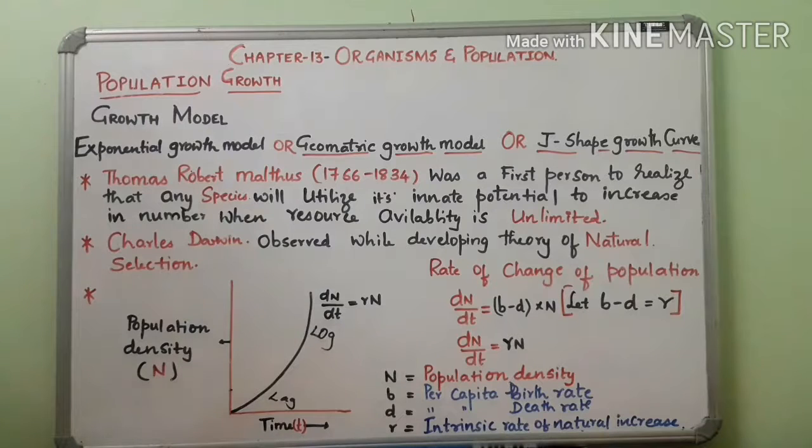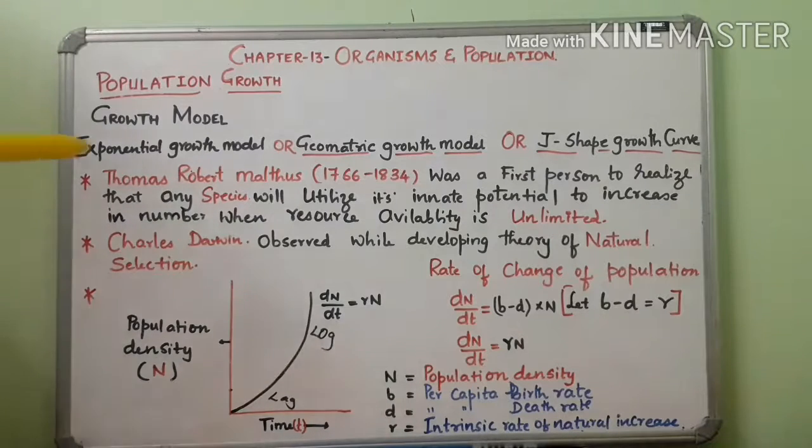Within two weeks we observe double the number of fruit flies in that jar. That is what Thomas Robert Malthus is telling.